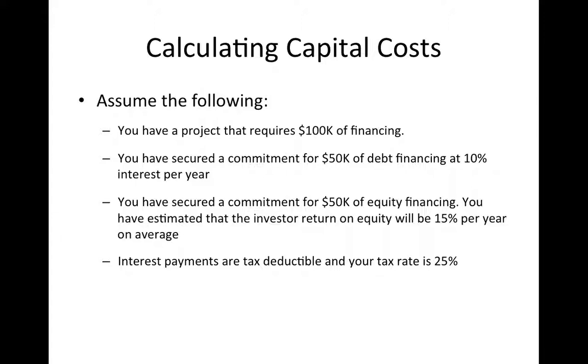Based on that, we will have calculated that the investor's required return on equity is 15% per year on average, and that means that our cost of equity is 15% per year.